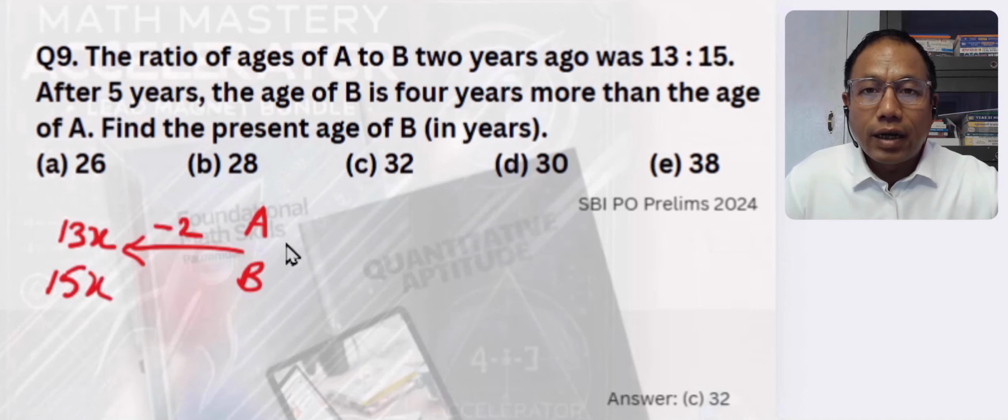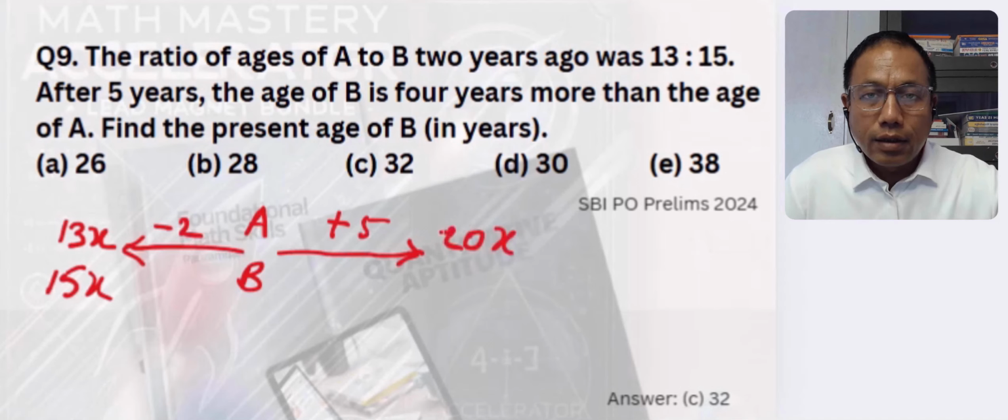After 5 years, after means plus 5, the age of B is 4 years more than the age of A. 13 plus 2 plus 5 is 20x. For B, 15 plus 2 plus 5 is 22.